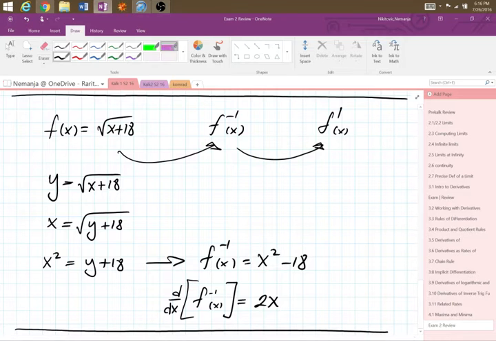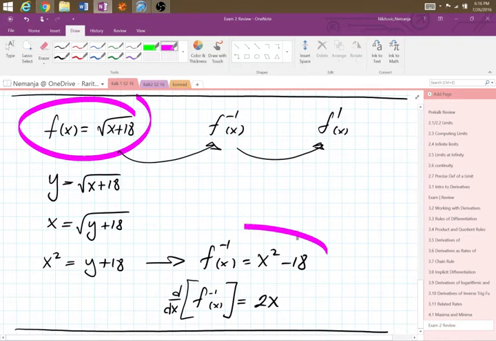If you say x is equal to 7 in the first one, 7 plus 18 is 25, square root of 25 is 5. If you plug in 5 into the second, 5 squared is 25, minus 18 is 7. That's where it started. That's the purpose of the inverse, to retrieve the old input.